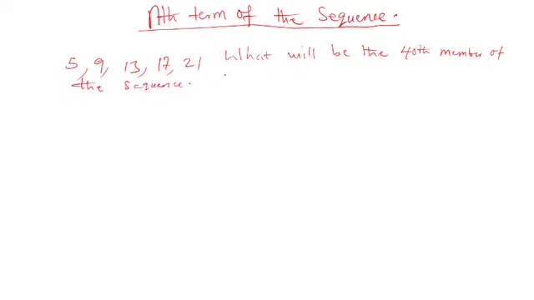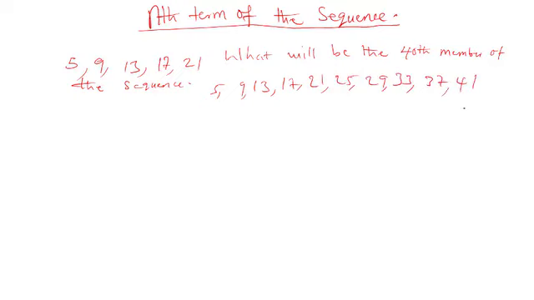You don't need to start writing 5, 9, because from what you're seeing now, they're just adding 4 here, plus 4, plus 4, plus 4. You can start writing 5, 9, 13, 17, 21, 25, adding 4 each time: 25, 29, 33, 37, 41.